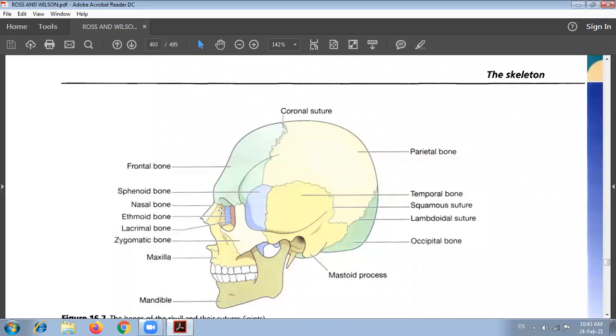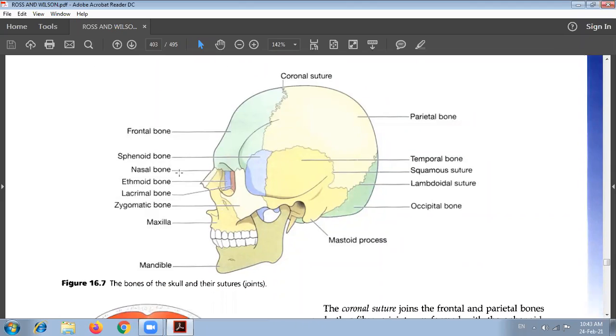The facial part of our skull has different bones like the nasal bone, then the lacrimal bones, which are here near the eye and have the lacrimal glands, then the zygomatic bones, which are the cheek bones, then the maxilla, which fixes the teeth, then the mandible.